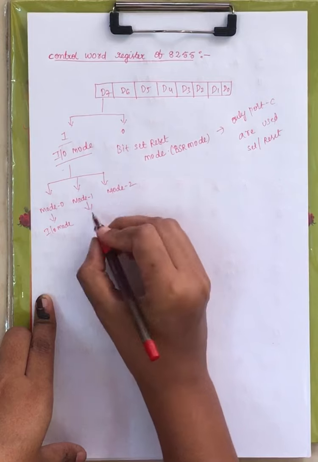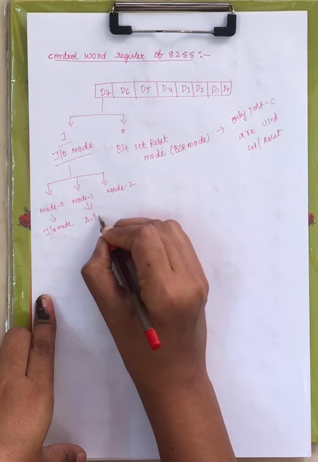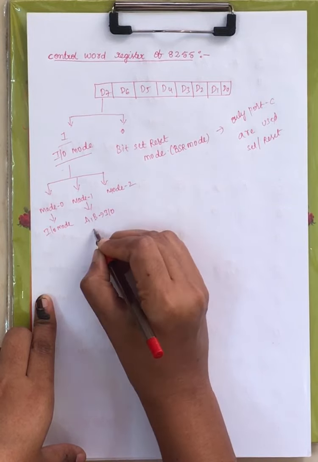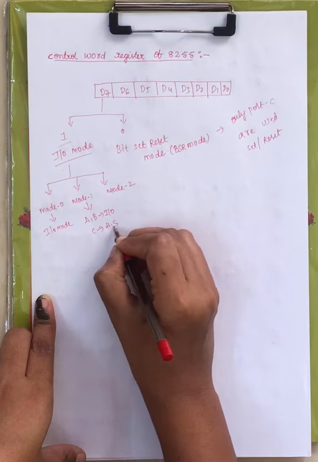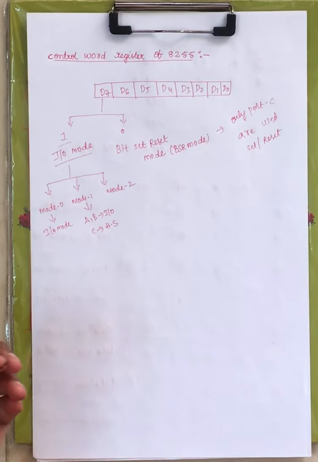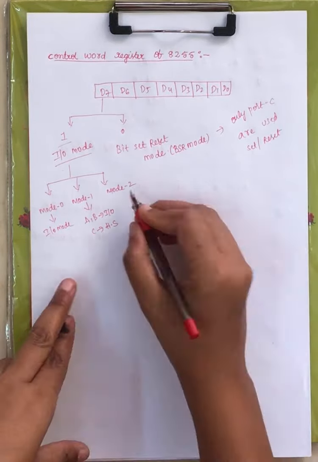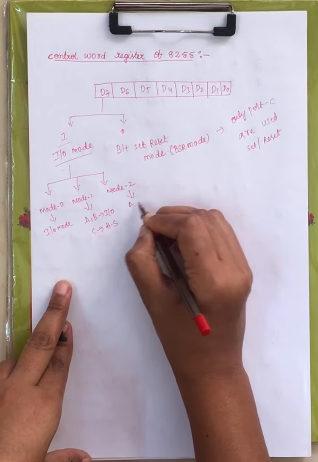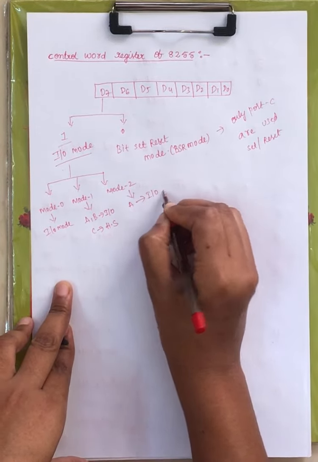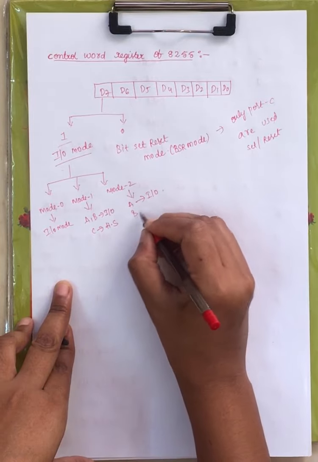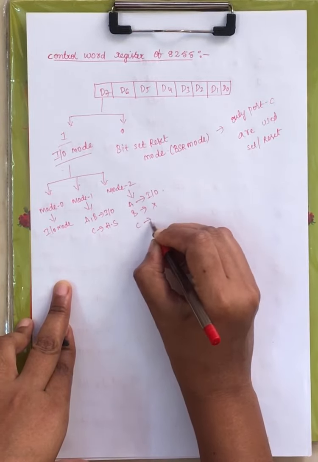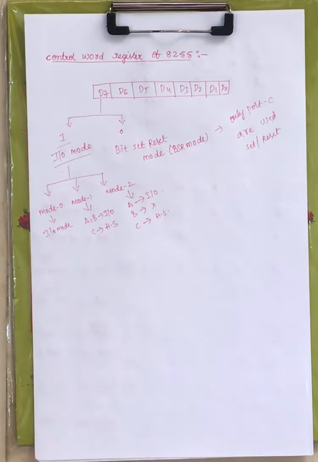Under mode 1, port A and port B act as IO and port C acts as handshaking, the process for communicating between two components. Under mode 2, only port A acts as IO, port B is not operative, and the port C IO lines act as handshaking.